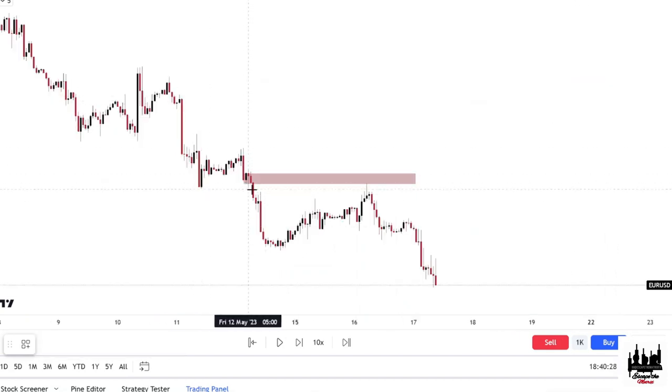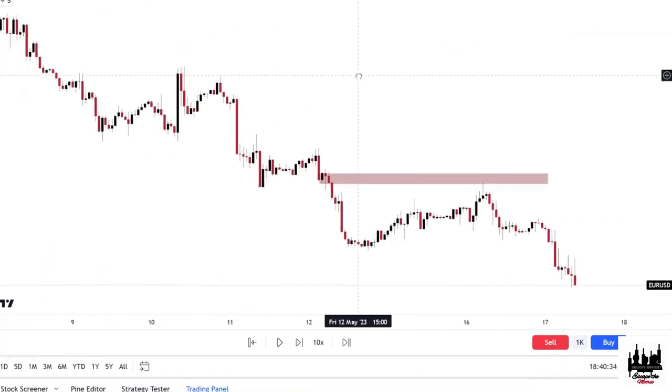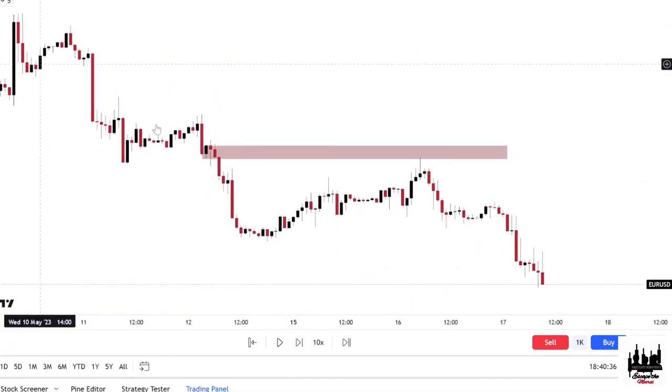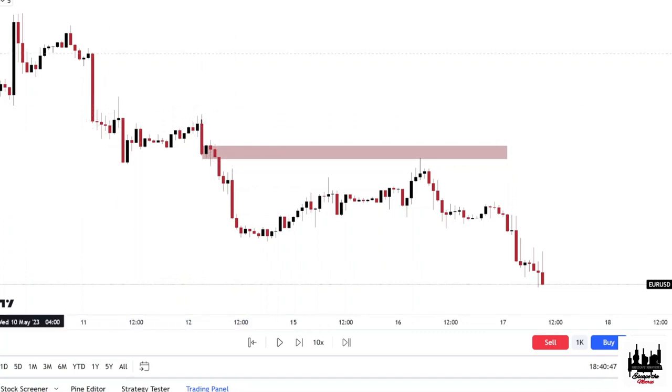So here we have a point of interest, and how was it formed? It was formed through momentum. There was a drop, base, drop. So this was a drop, this was a base, and this is drop. So this was a point of interest built on momentum. But what if we were using this point of interest?